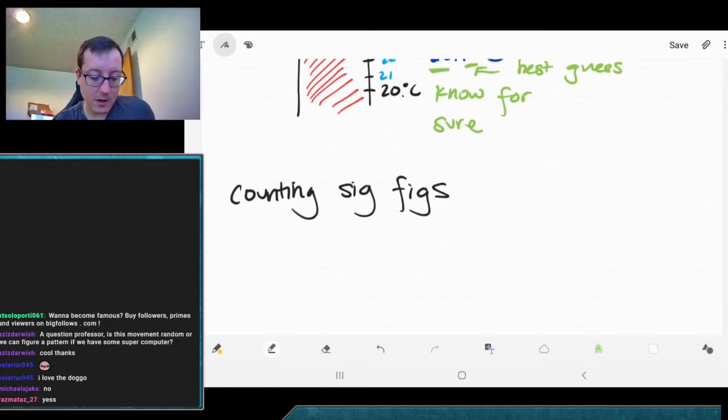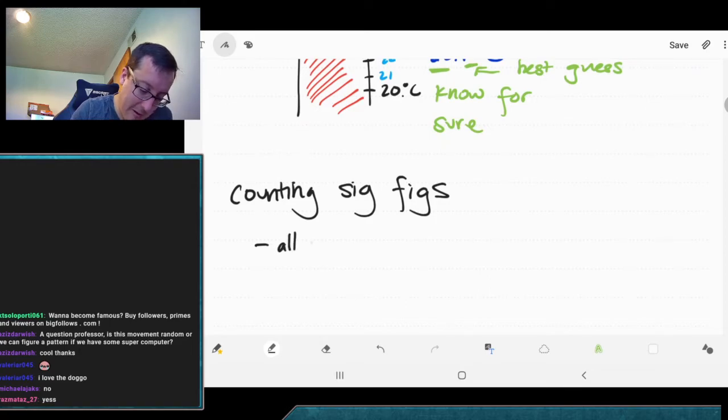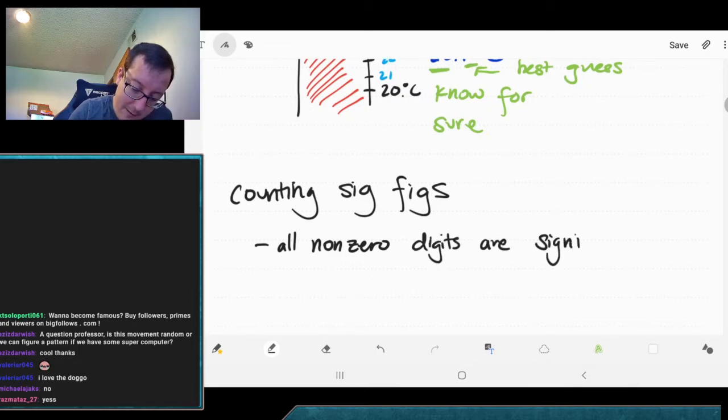And so, when we're looking at the number of sig figs that a number will have, first thing we want to do, our main rule is that all non-zero digits are significant.